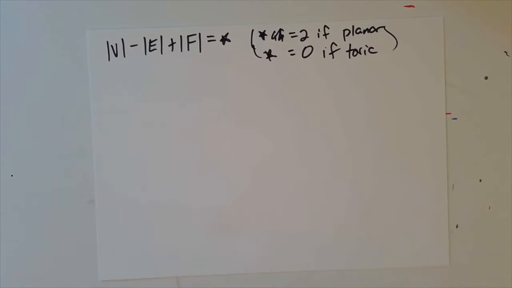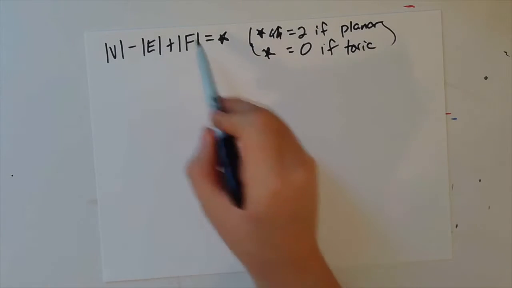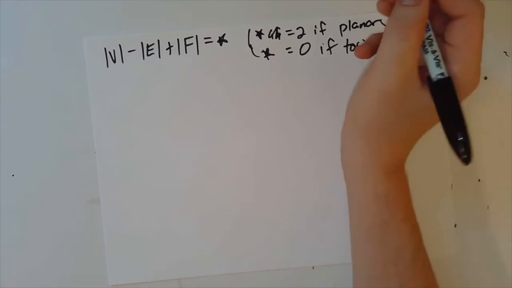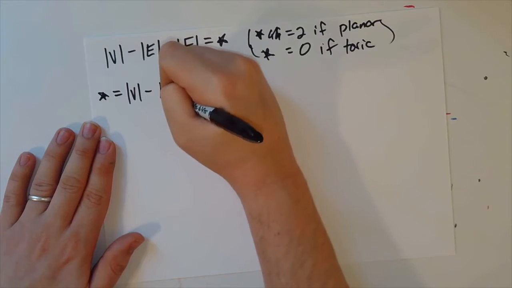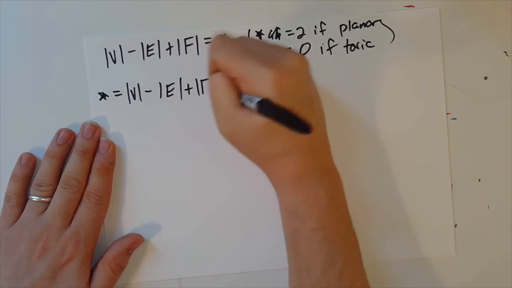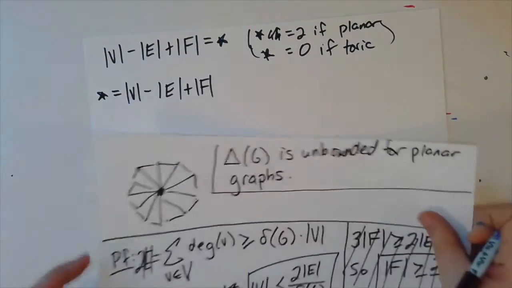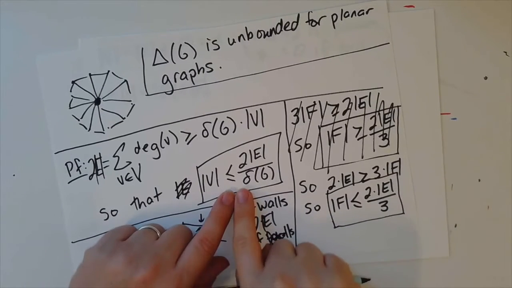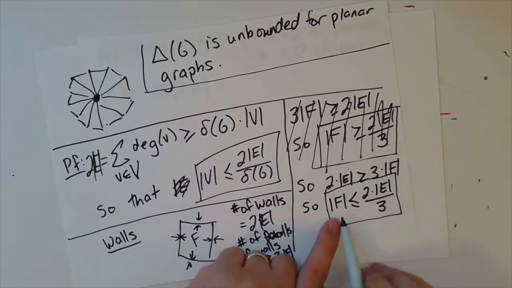Okay, but I'm just going to leave the asterisk alone for the moment, and I'm just going to look at how the asterisk is defined in terms of this vertices minus edges plus faces. So, namely, asterisk equals the number of vertices minus the number of edges plus the number of faces. Okay, and I have 2 inequalities here. One that overestimates the number of vertices and one that overestimates the number of faces.